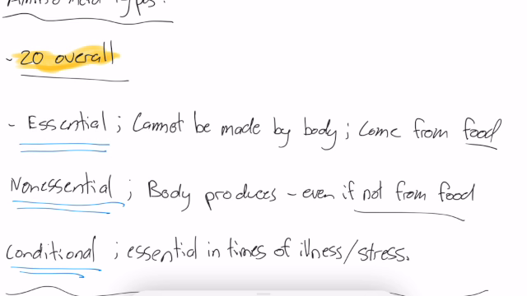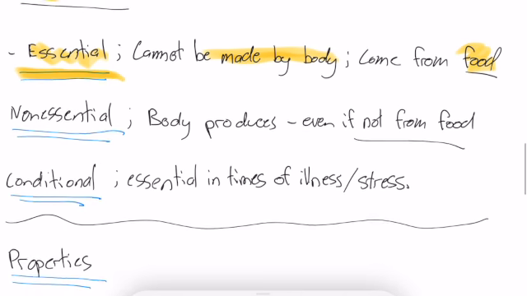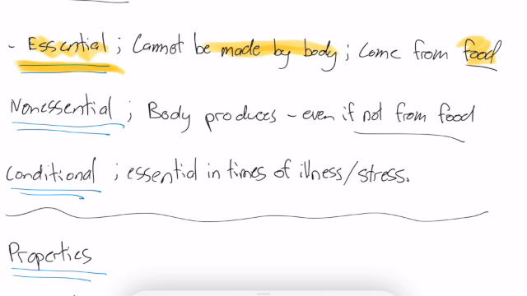So amino acids have different types, with there being 20 overall present. Firstly, we have the essential amino acids, and we know that these cannot be made by the body, with their source for us being from food, so the nutrients we get from food provide these amino acids. Next up, we have the non-essential amino acids, which the body produces, so we don't need them from a food source.